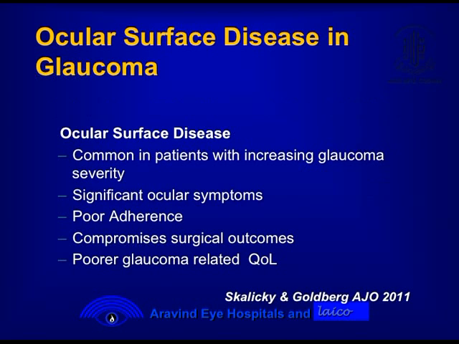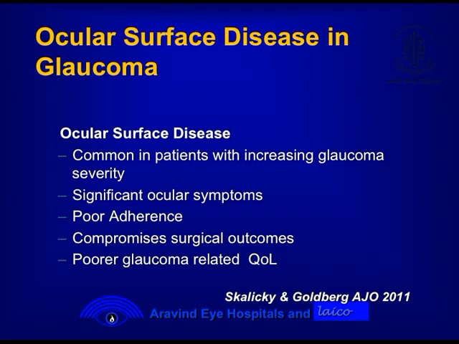So why is ocular surface disease of concern in a disease like glaucoma? Such increasing discomfort can lead to poor adherence as far as the patient is concerned, and it can also increase the significance of the ocular symptomatology that is involved.